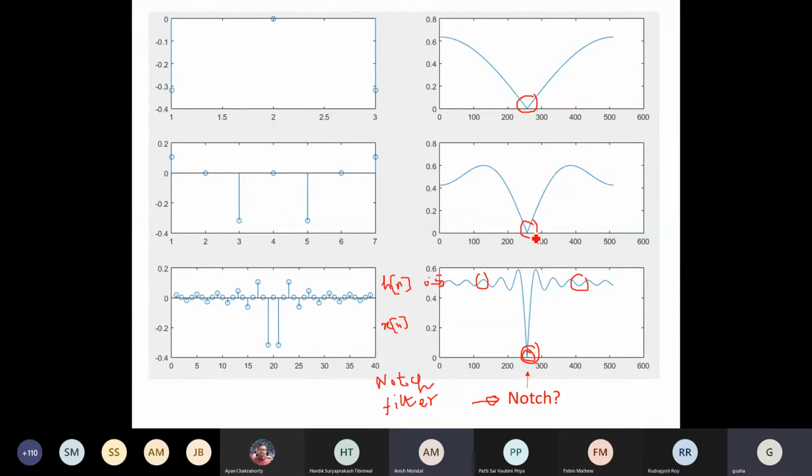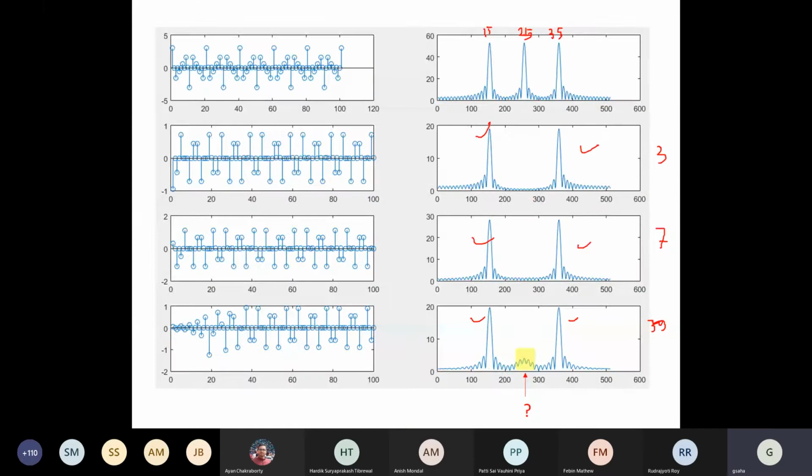Yeah, there is a contrast in the surrounding, but we are placing it exactly at 25 hertz. Okay, so you mean to say that this 25 hertz is not exactly at this particular point? Okay, got your point. Any other observation?